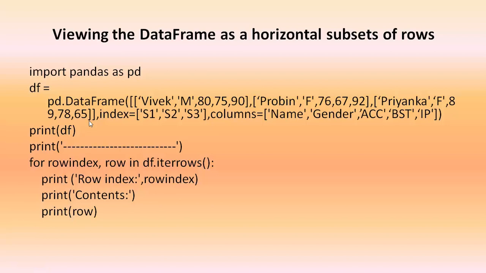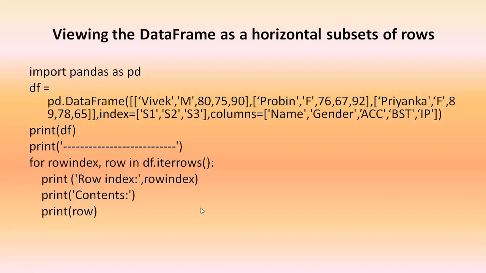Then the index is S1, that is student 1, student 2 and student 3. Column names you can define: name, gender, accountancy, business studies and informatics practices. Now you can see that printing the data frame will print the simple data frame.